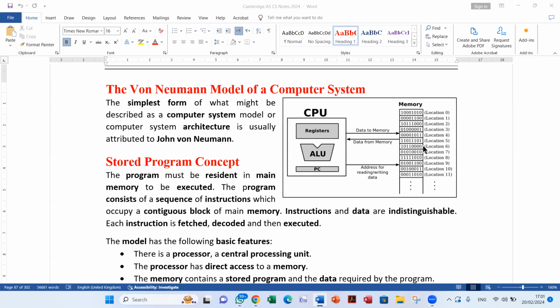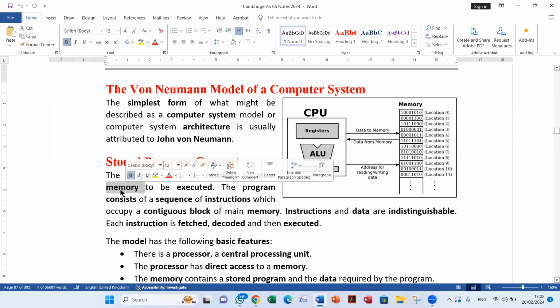And this is what is called a program running. The CPU fetches an instruction from memory, executes that instruction, and then fetches the instruction after it, one after another, very fast. So the program must be resident in main memory.